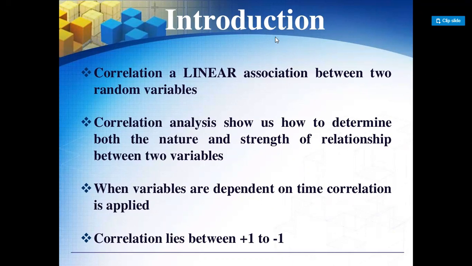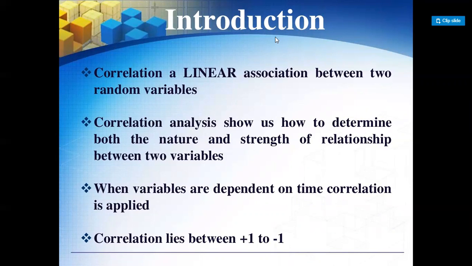So let us start with the introduction of correlation. Before understanding what is meant by correlation, you have to understand the meaning of the word. The word means co-relation, meaning there is a relation between any two things. Those two things are two variables.